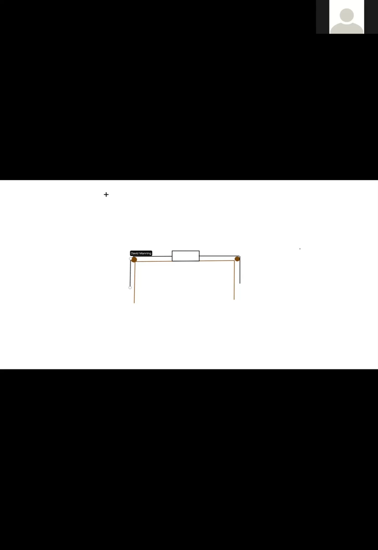And we're going to attach 2 masses to them. So we're going to have a mass here and a mass here. Not the best drawing you ever did see, but whatever. This is going to be object A. This is object B. And this is object C.